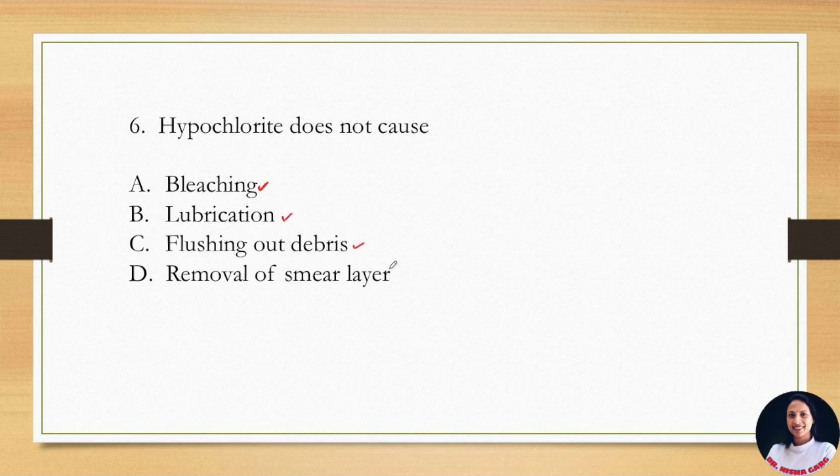See, smear layer is the surface film of debris which is present on the instrumented canal walls. It contains both organic as well as inorganic components. Basically, the inorganic part of the smear layer is removed by chelating agents like EDTA. So this action, removal of smear layer, is not performed by hypochlorite. So option D is our answer.